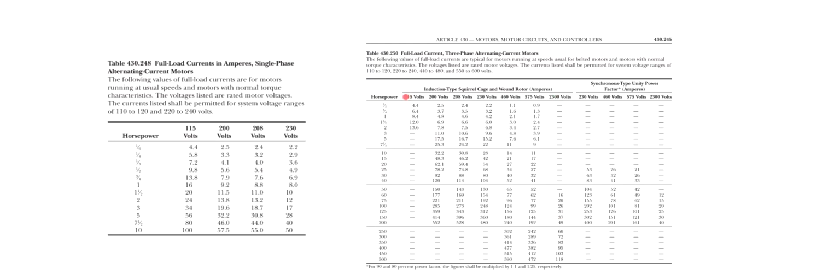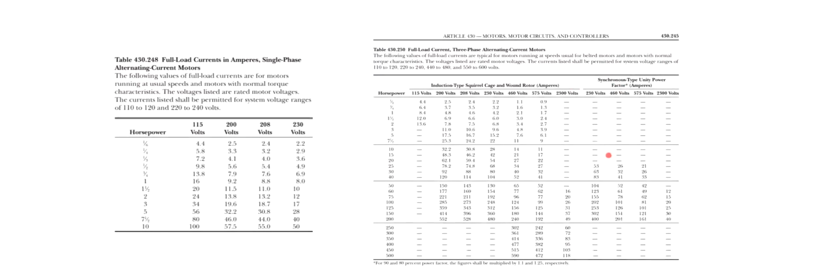Unless you see something about synchronous type unity power factor amperes. You won't see that in your Journeyman's test. I never saw it on my Texas Master's test. So you're using this portion of the table right there.